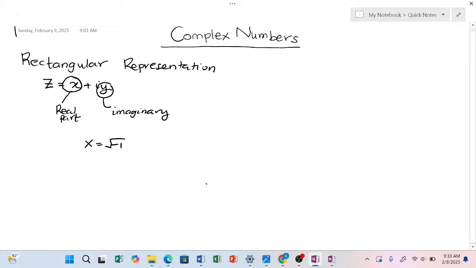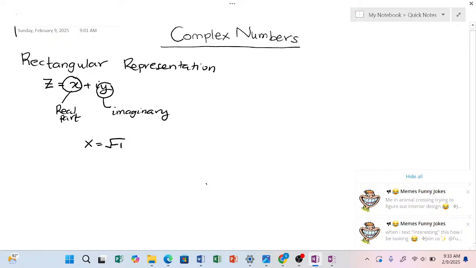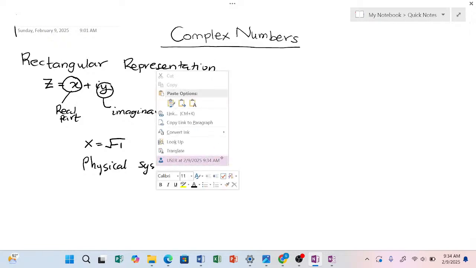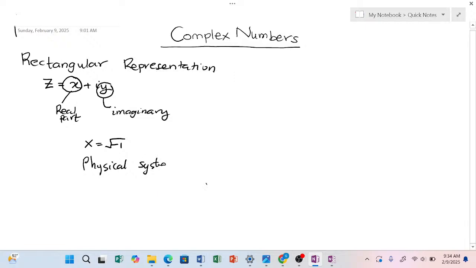But here, because of complex numbers being part of our physical system as engineers, if you take, let's say, an electrical circuit where there is flow of charges, this phenomenon of imaginary portion of numbers comes into play. And so for that, there is a need for us to look for a way to represent these numbers.